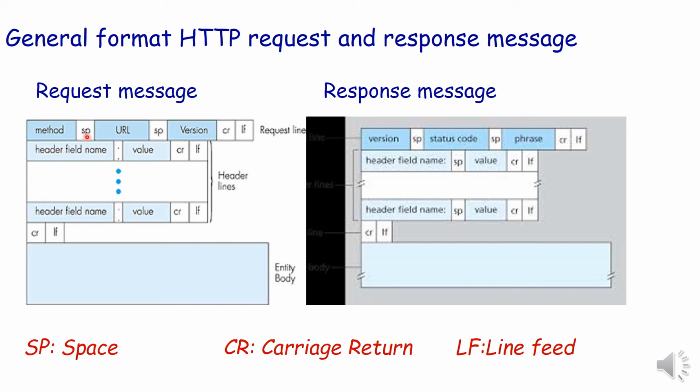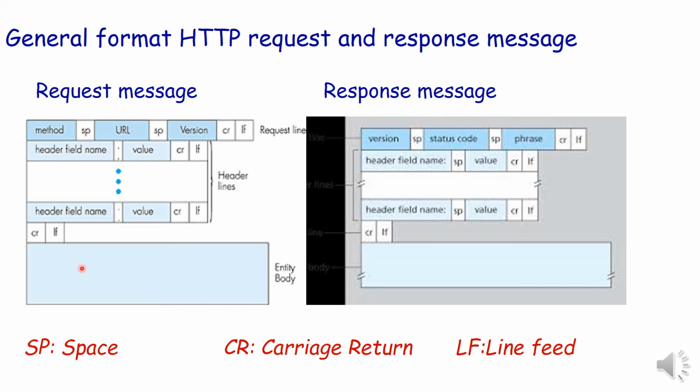Here SP stands for space, and CR stands for carriage return, or the enter key. LF stands for line feed, or the new line, \n. So CR LF is repeated at every end of line, and the space is provided for separating each of the fields in the messages.